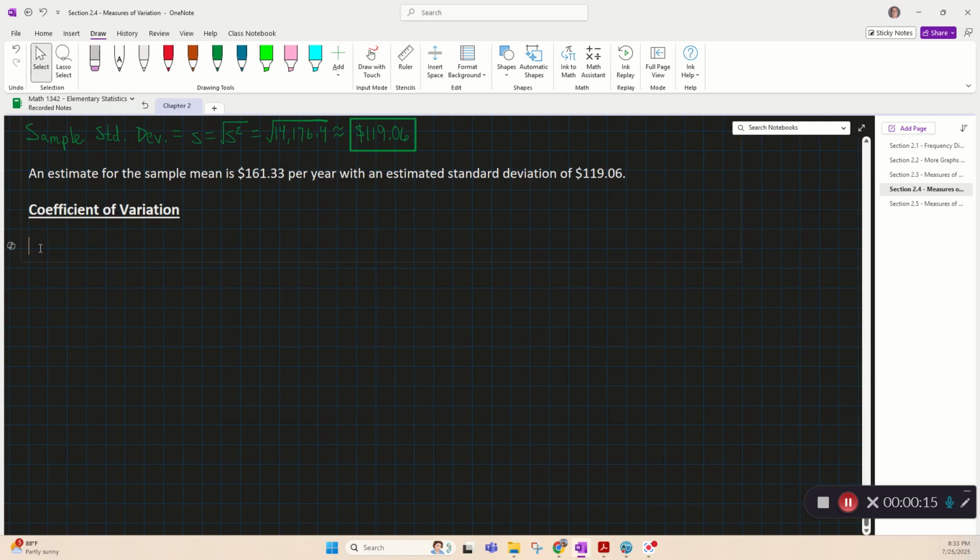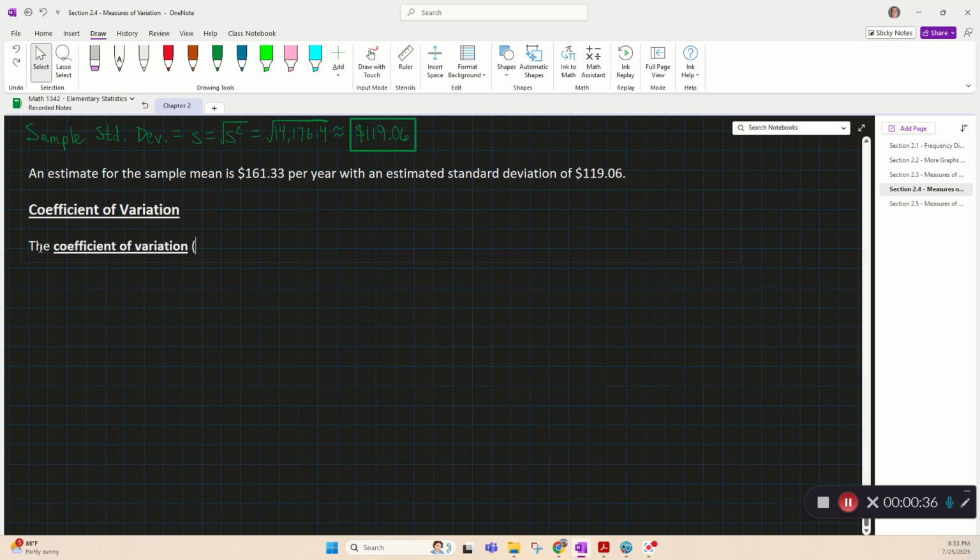So the coefficient of variation helps us to describe the standard deviation as a percent of the mean. So let's write that here, the coefficient of variation. We often abbreviate that as CV.